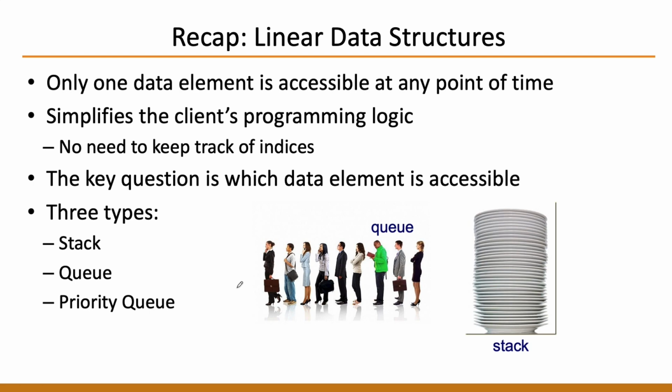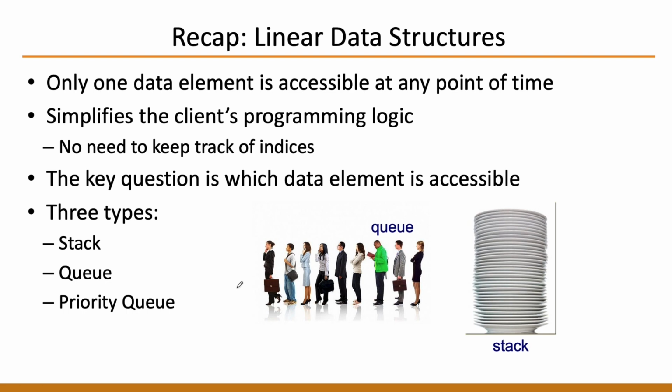And finally, we also have the priority queue, which basically says that instead of using arrival time to determine the sequence of data retrieval, now we actually have a special property called priority. When you are about to retrieve the data, you're going to return the data with the highest priority, which can be a user-defined property if this is a complex object that you try to store inside the queue.